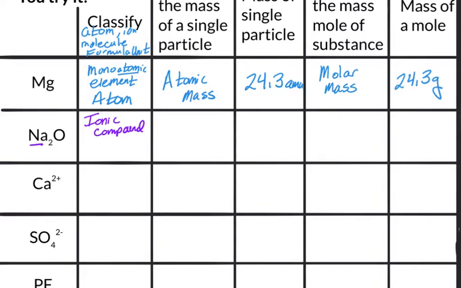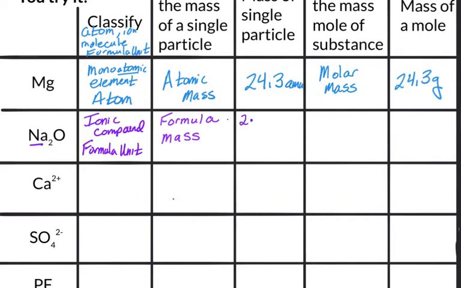Next, we're going to name the mass of the single particle. 1 single particle is going to be called a formula unit, and that means that the mass of the single particle, the formula unit of Na2O, will be called the formula mass, and the mass of that single particle, Na2O, can be found by adding up all of the atomic masses.